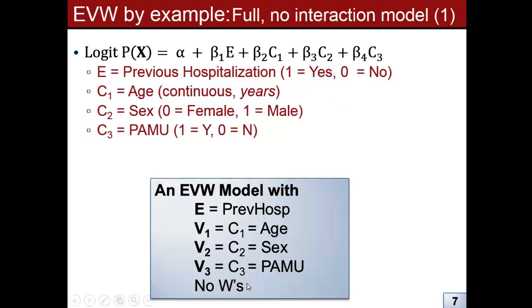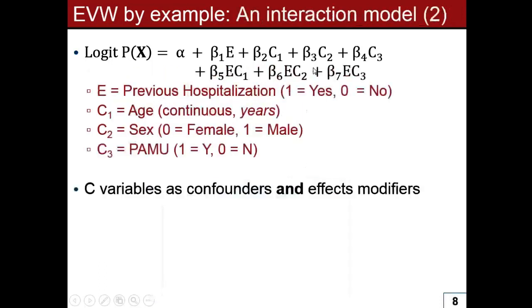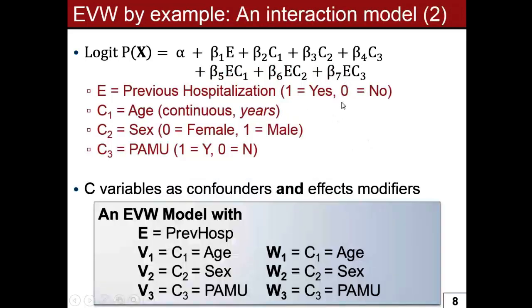But they're not W's, because they're not involved in interaction terms with the exposure. So here is an example. This is another one of the models that we showed in the previous slide set, where we have age, sex, and PAMU here all by themselves as confounding control variables, and then here they are again in product terms of the exposure. And in this situation, we're going to call them effect modifiers, right?